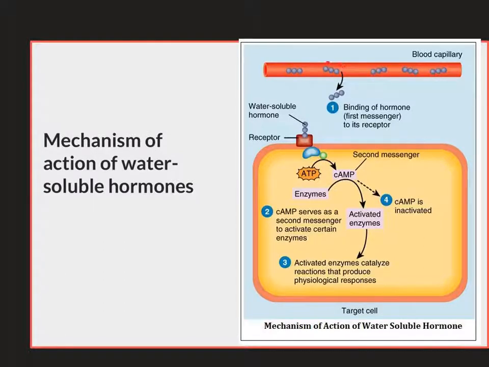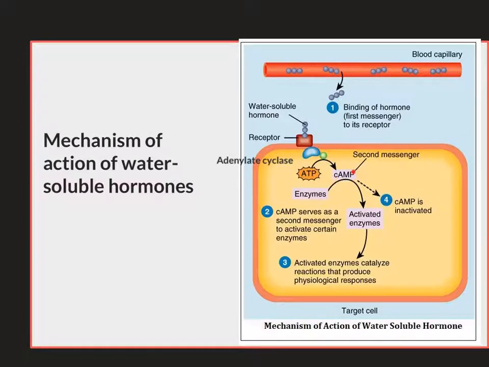First, the water-soluble hormone has to diffuse out of the blood capillary. Once it does so, it can bind to a receptor on its target cell, acting as a first messenger. Once this binding occurs, the enzyme adenylate cyclase can convert ATP into cyclic AMP, which occurs inside the cell.